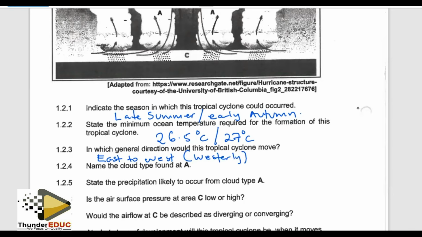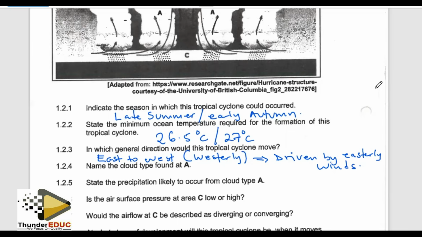And I believe you know the reason for this, because they are driven by easterly winds. That's why they move from east to west, or they move to the west or westerly direction.